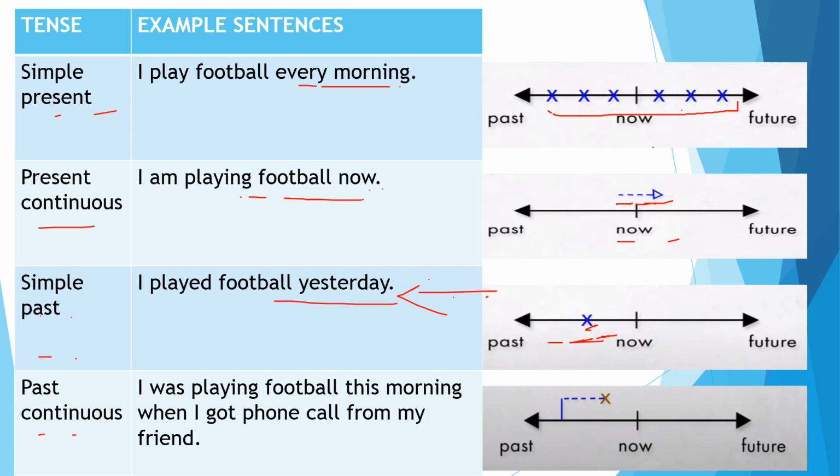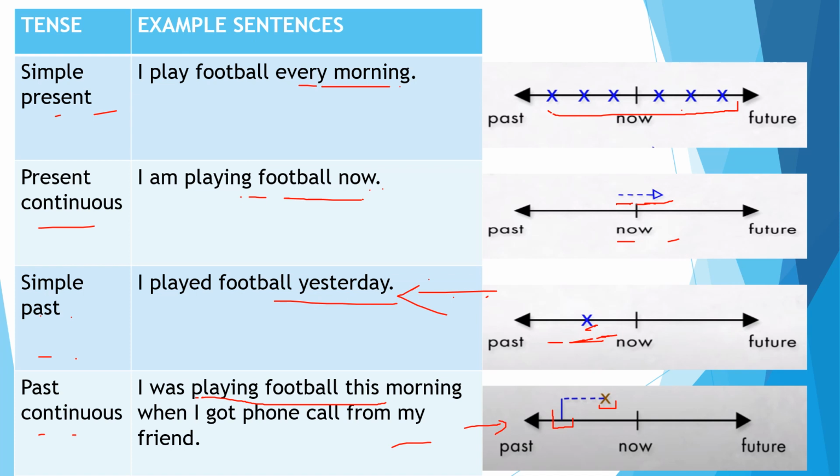Coming to the next, past continuous tense. See here on the timeline. We can see two actions. One is this blue line and the other is this brown cross. There are two actions and one is an unfinished continuous action. I was playing football and in the middle of that, what happened?